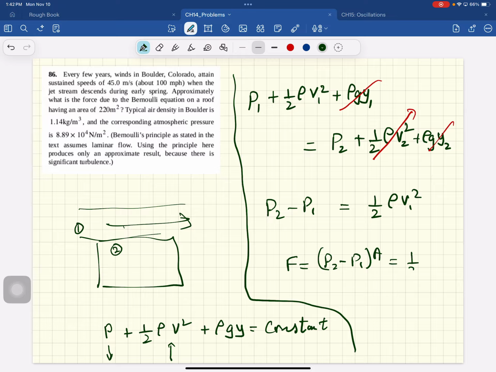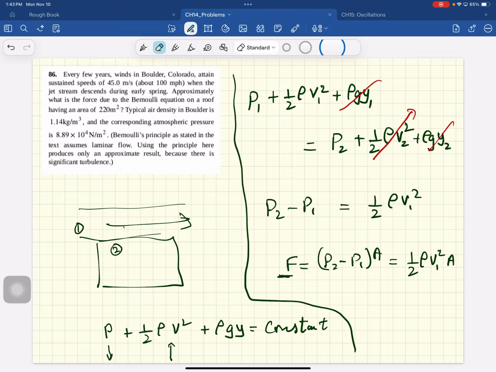So that's equal to 1/2 rho V1 squared times the area of the roof. So for a roof half the size of this room, if the jet stream is blowing by, this will be the upward force on the roof. That's what we're calculating. And in Florida, you get 100-mile-an-hour winds easy.